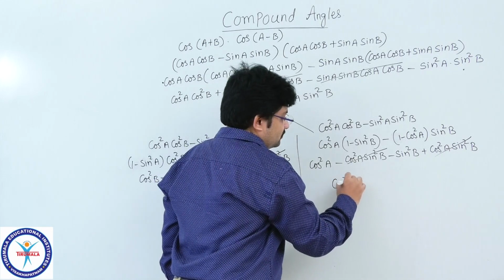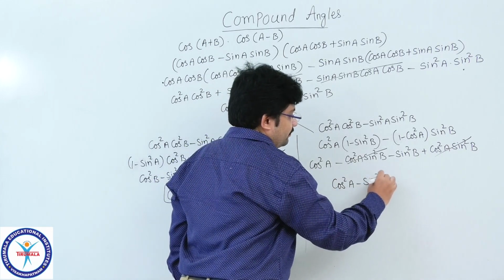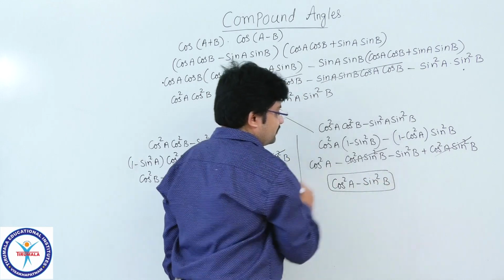That is cos square A minus sin square B. So these are the two derivations from this one.